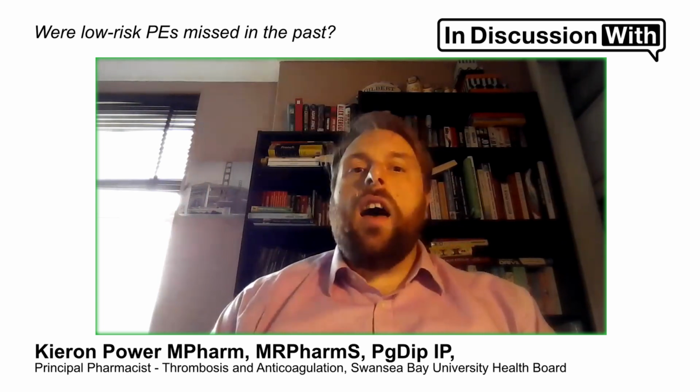What we feel is that, because of the sensitivity of CTPA and improved sensitivity of older imaging like VQ scans, we're now seeing a lot more of these lower risk PEs being picked up, which is a very different scenario to what you would have seen 15, 20 years ago, where you were largely picking up the higher risk PEs.